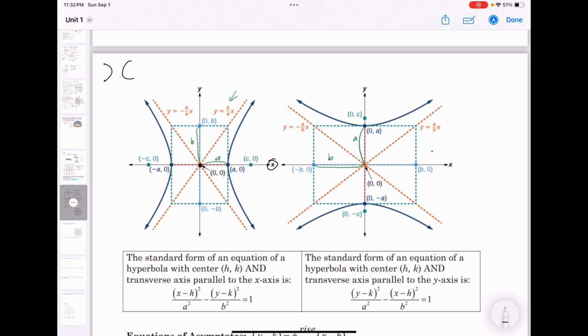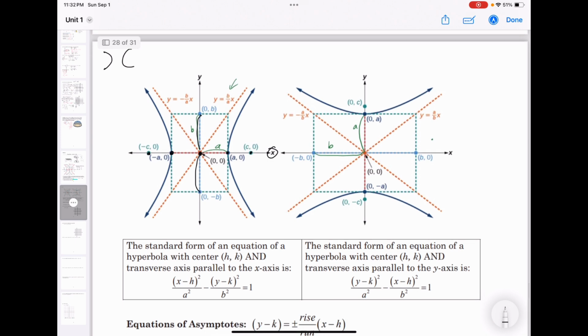At the origin, (0, 0). Our vertices and foci are all on the transverse axis, the x-axis. And we go up b units and down b units to find our two co-vertices.